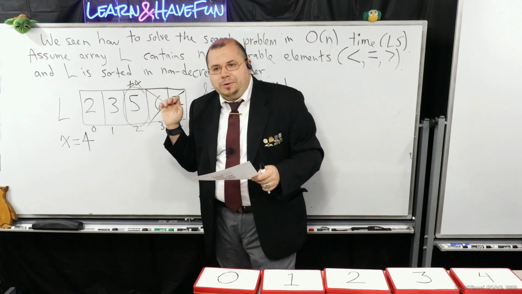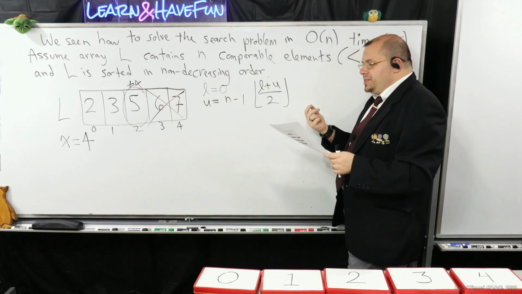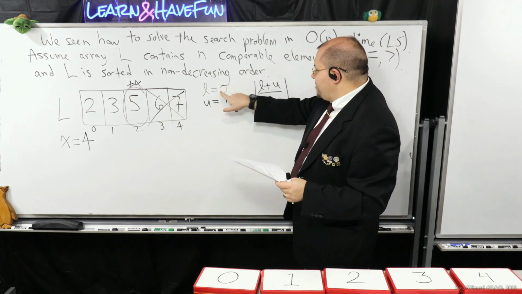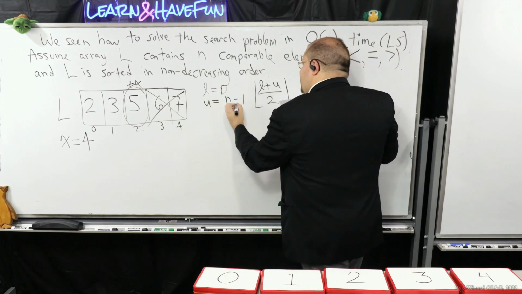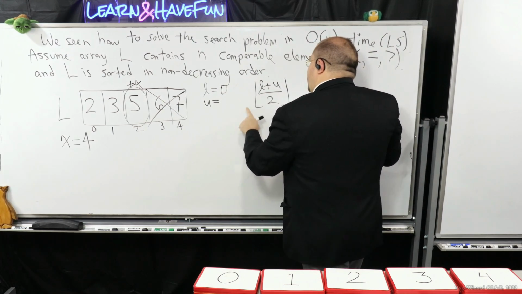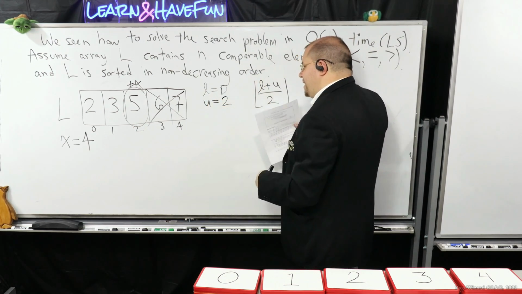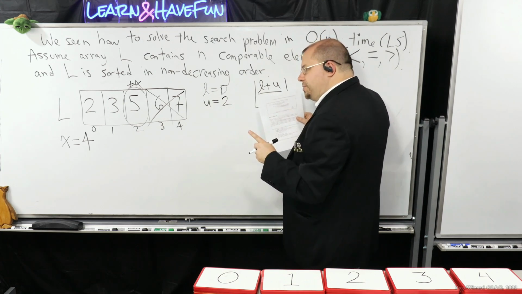In this left half, I would apply the same process. Now, what I would do is I would apply it over the lower bound. The lower bound still stays 0 because I want that left half. But the upper bound changes from n minus 1 to 2, because I already guessed that. But is it really just 2?